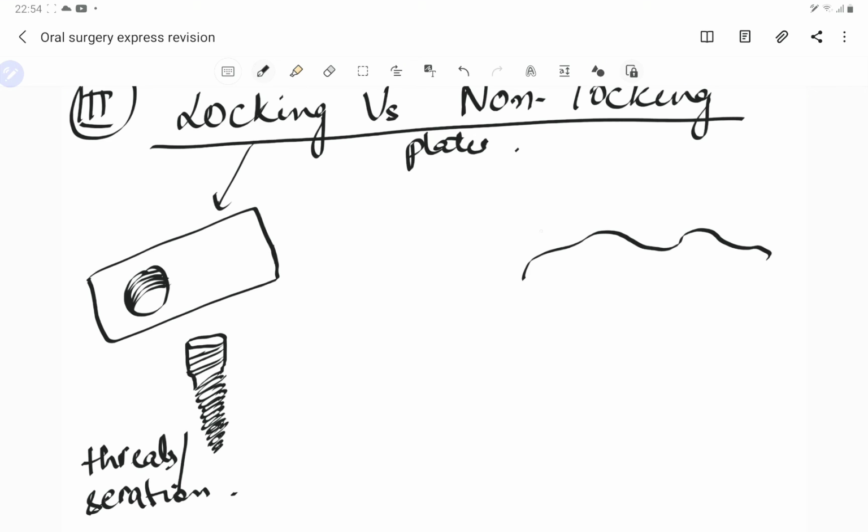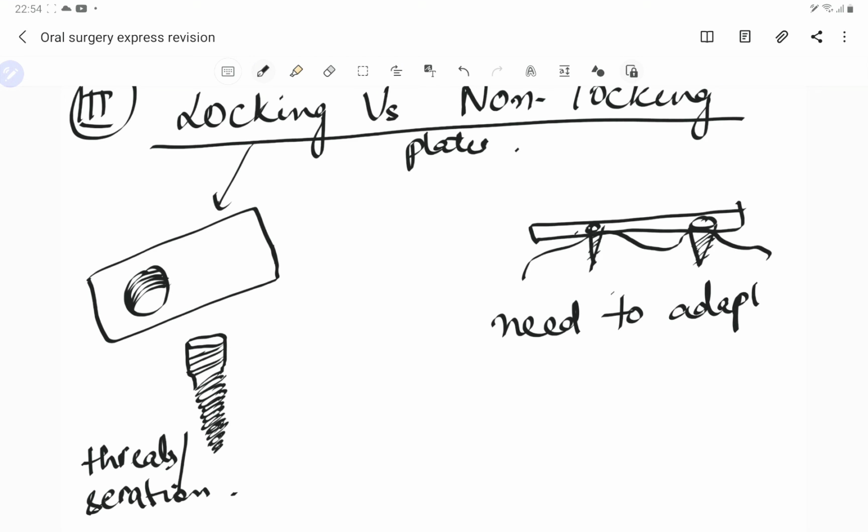So while you are placing a plate like this and placing the screws in the holes, for a non-locking plate system you need to adapt the plate to the bone so that the screw doesn't open up.